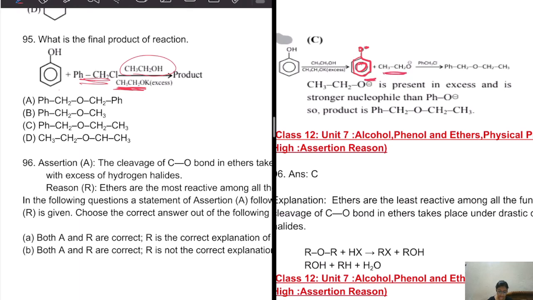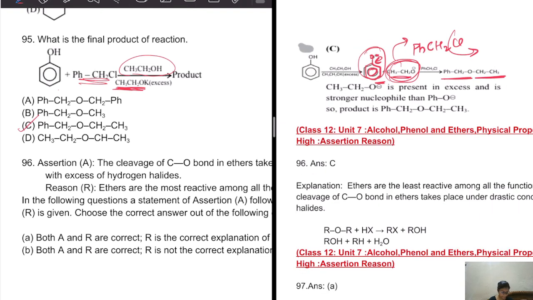PhCH2Cl is the stronger nucleophile, because here the stabilization is there, so its reactivity is a bit lower. Nucleophilicity is reduced; this is more stable. So this one will react here, and Cl will go as a leaving group, and this is the product we get, which corresponds to option C.